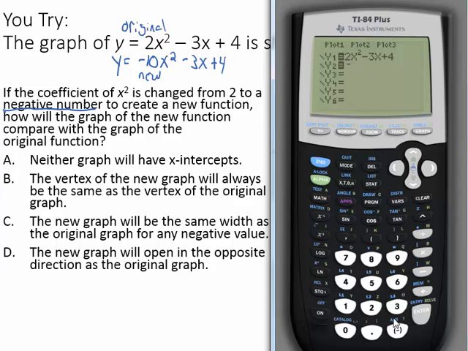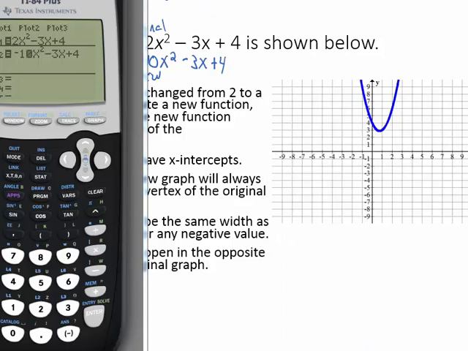I have to use the negative below the 3. Don't know if you can see that on your screen. But negative 10x to the power of 2, hit the right arrow key to get out of the exponent, minus 3x plus 4. So they're exactly the same except the bottom equation has a negative 10 instead of a 2. Everything else is exactly the same.